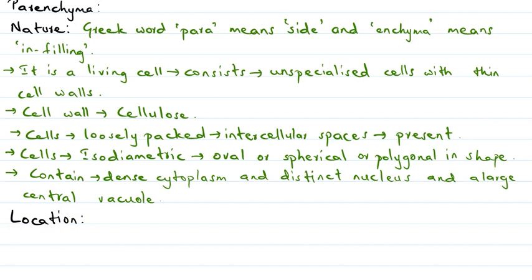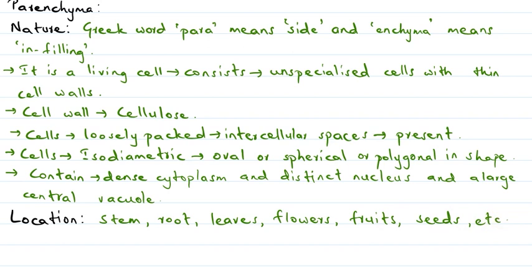The parenchyma tissues are distributed in all parts of the plant body, such as they can be present in stem, root, leaves, flowers, fruits or seeds, etc. So they are distributed in all the parts of the plant body.